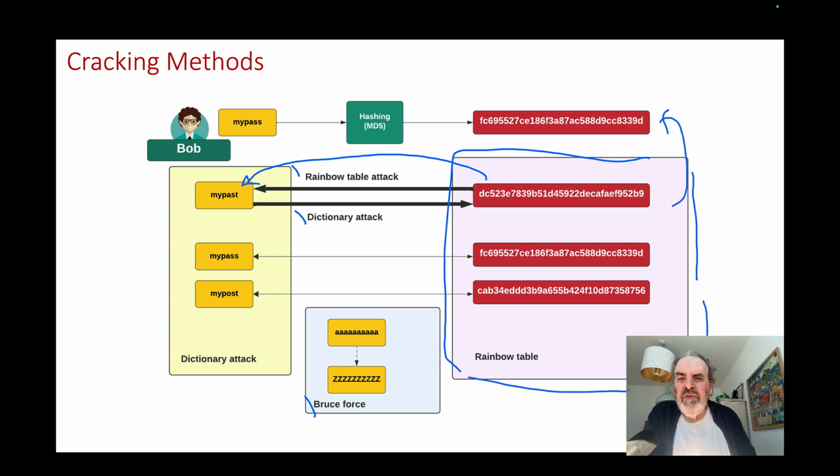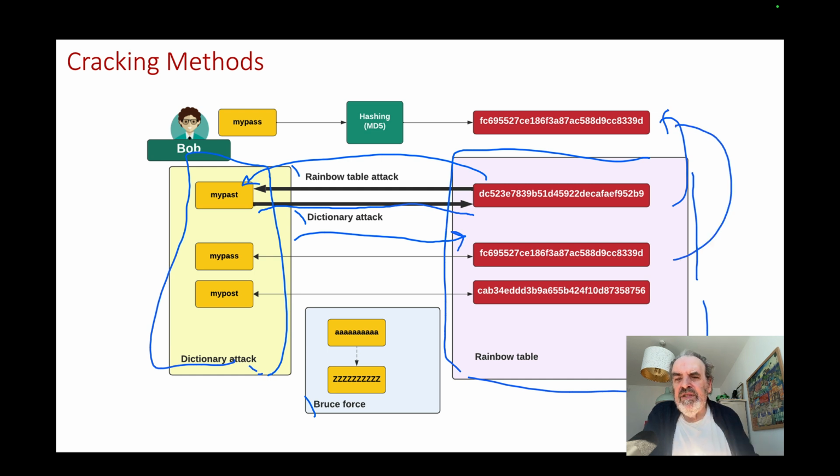So with a salt value, you couldn't really use a rainbow table well. The other method that we have is a dictionary attack. With this, we could take a dictionary of common words and then create the hash values related to those. Then again, we could just match that to the hash value that we have.